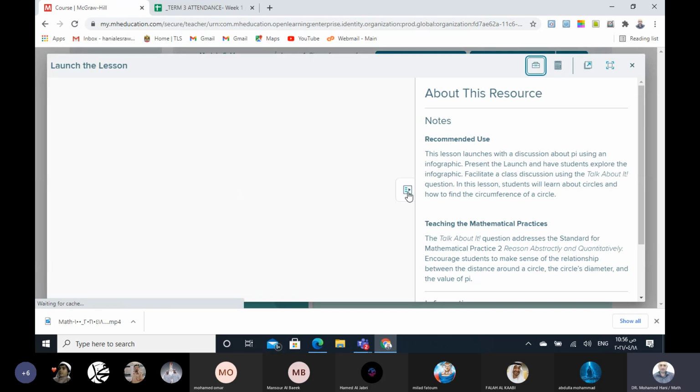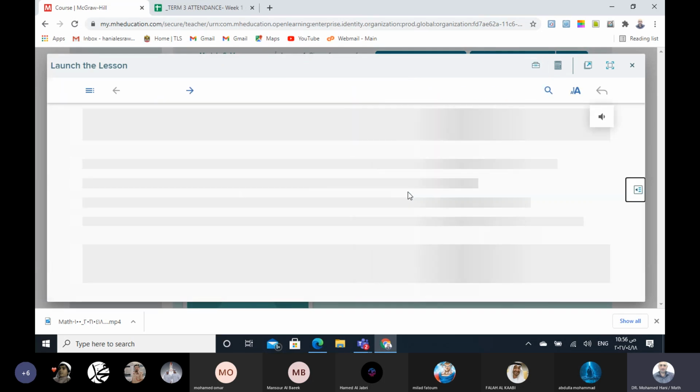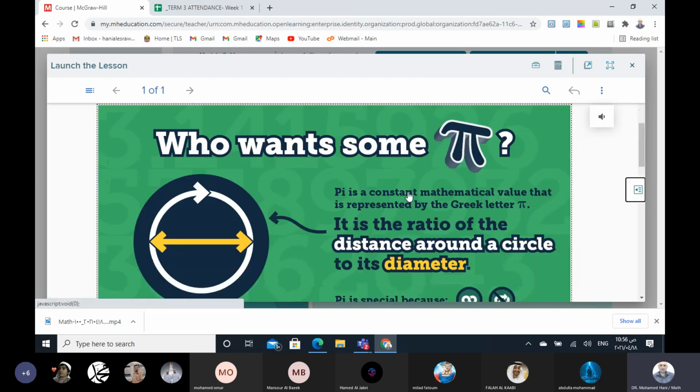In this lesson we have new ideas. Who wants some pi? When you see this sign, this is a Greek letter. The name of this sign is pi.